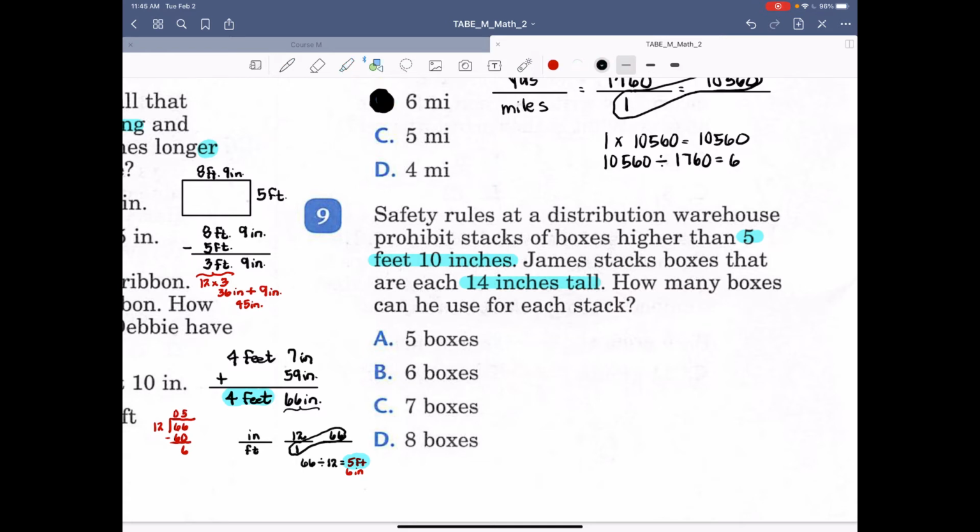So let me show you what this one's about. Here is a box that Jamie's stacking, and this box is 14 inches tall. So he's going to come along with another box, and he's going to stack it right on top of that box.